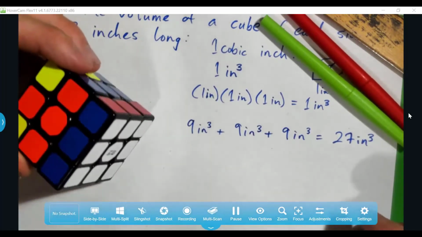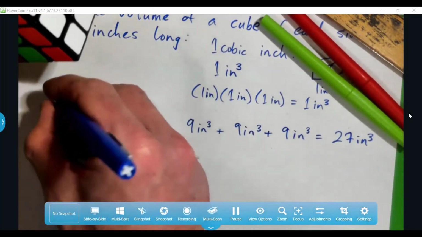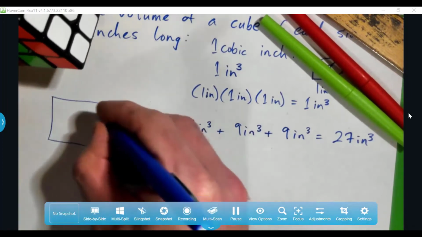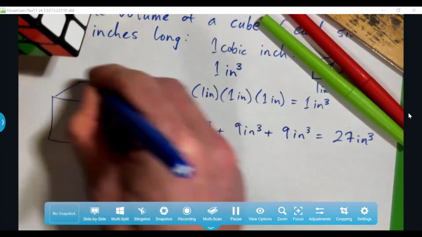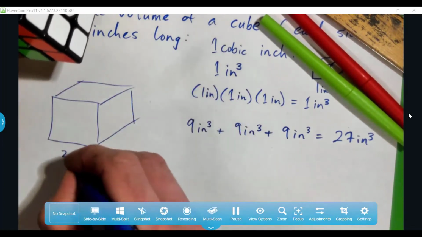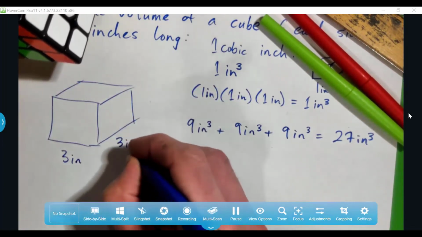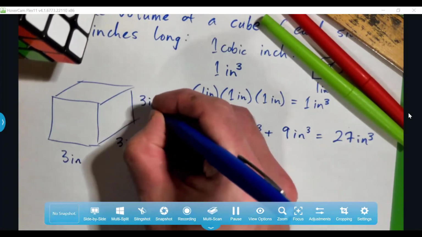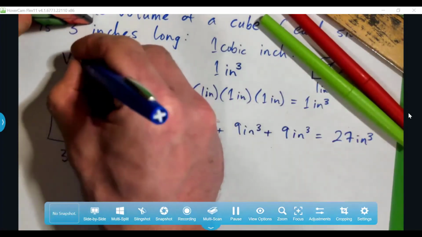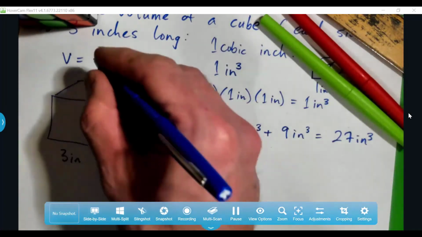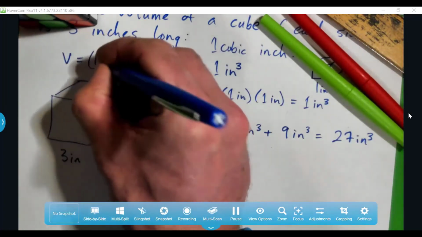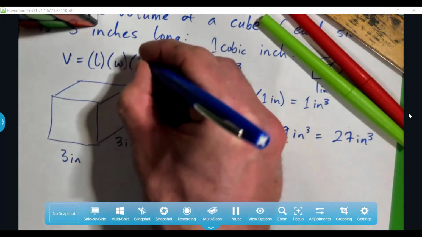Now, the formula way is I'll just draw the Rubik's Cube I already have. We're going to imagine it's 3 inches by 3 inches by 3 inches. The volume of a cube, same as the volume of a rectangular prism, by the way, is just the length times the width times the height.